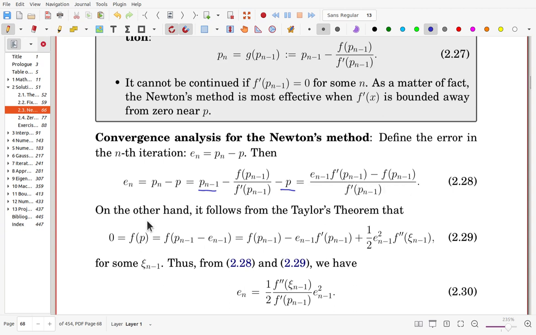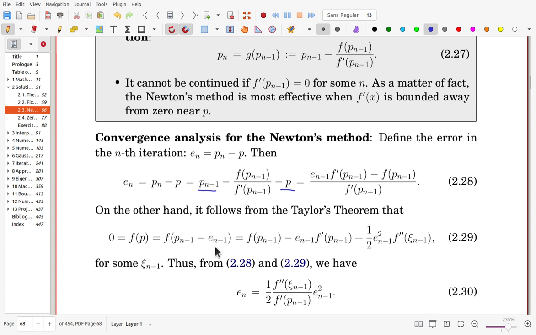Now, on the other hand, we use Taylor's theorem to get that equation. 0 is f of p. En minus 1 is the same as Pn minus 1 minus P, so that P is the same as Pn minus En for any n.